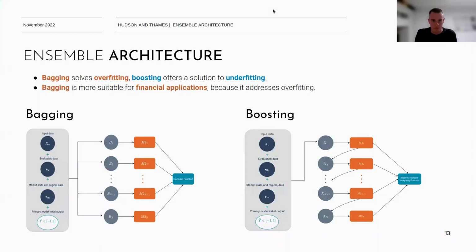In general, there are two different approaches. The ones that Micha codes for are static ensembles, where you select your models in the beginning, and then at the end, where you have the light blue box, there's a decision function or a weighting scheme.